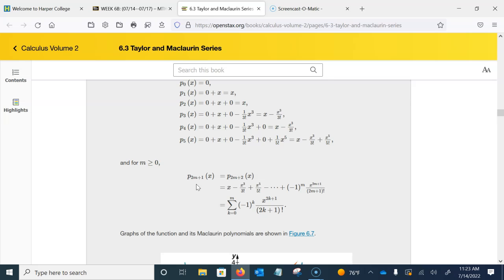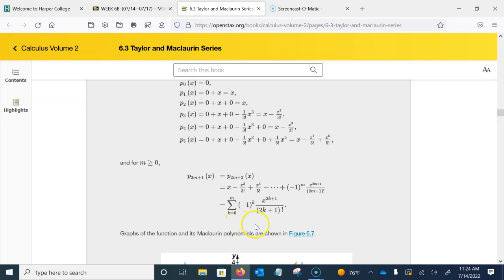The Maclaurin polynomial defined by P sub 2m plus 1 is going to be x minus x cubed over 3 factorial plus x to the fifth over 5 factorial, and you go out to minus 1 to the m, x to the 2m plus 1, notice that'll be an odd exponent, over 2m plus 1 factorial. Okay. So if m were, let's say it were 5, right?